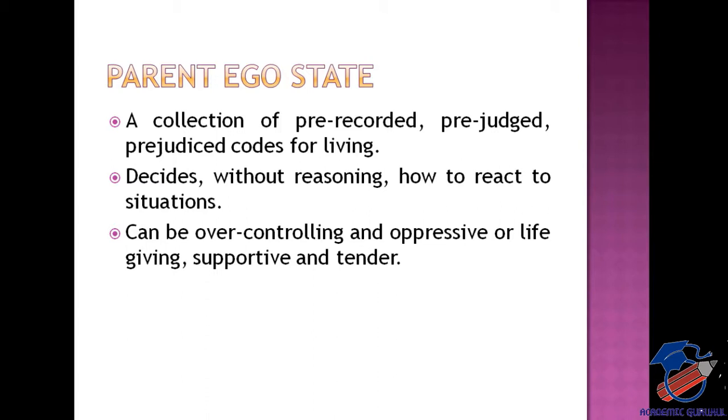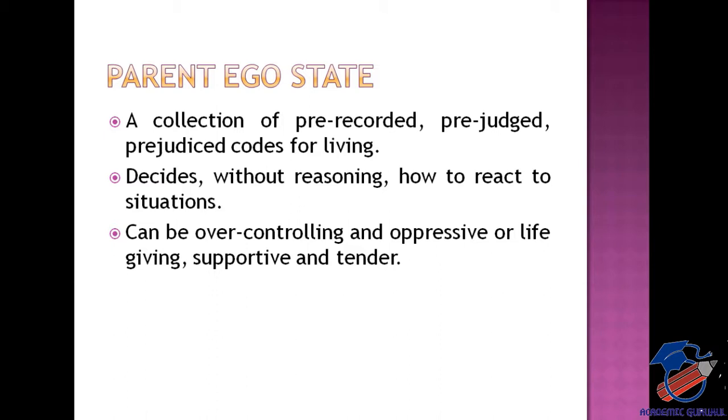These can be over controlling or oppressive or life giving or supportive and tender. On that basis, it can be a nurturing parent ego state, spoiling parent, controlling or structuring parent, and critical parent. Generally, parent ego state has certain characteristics like judgmental, they are rule makers, they are moralizing, they protect the people who are working under them, just like parents do for their child or children, and they think that they are indispensable.